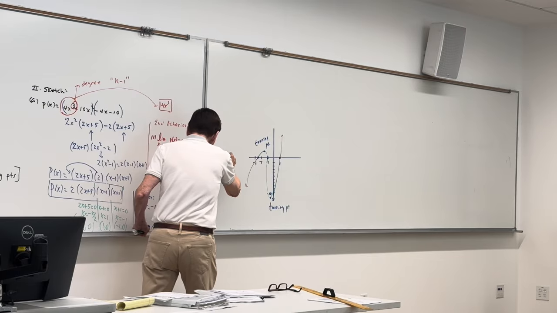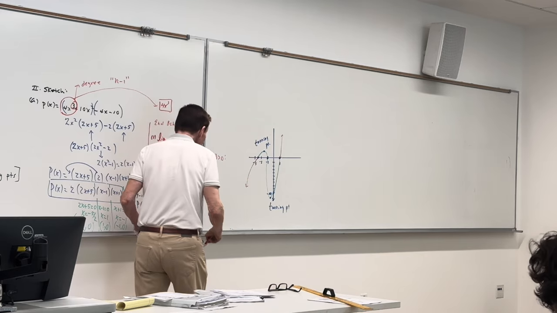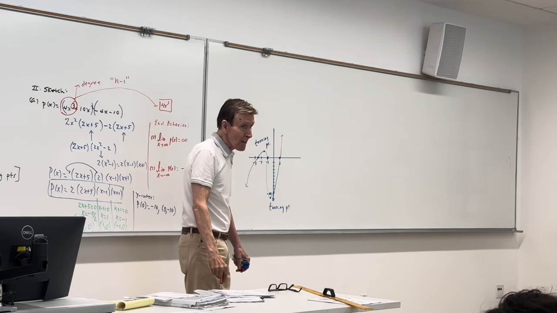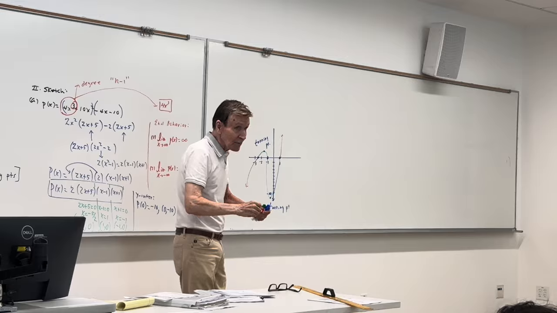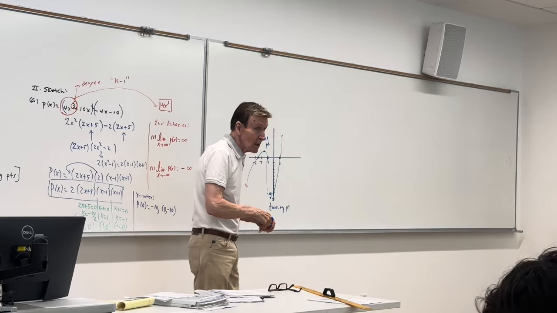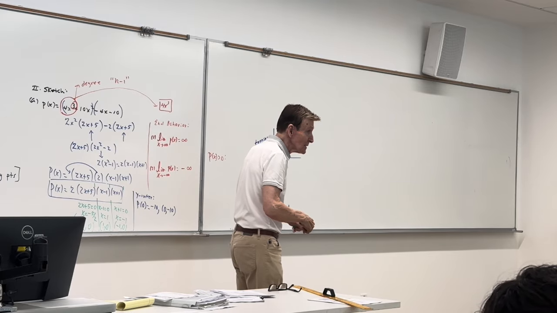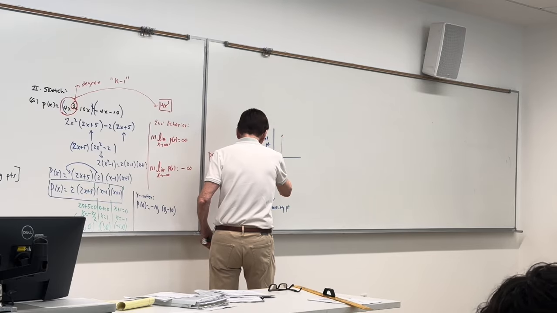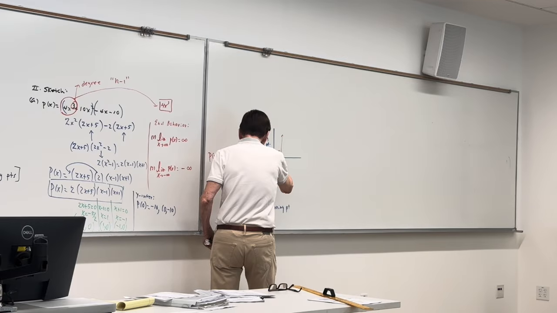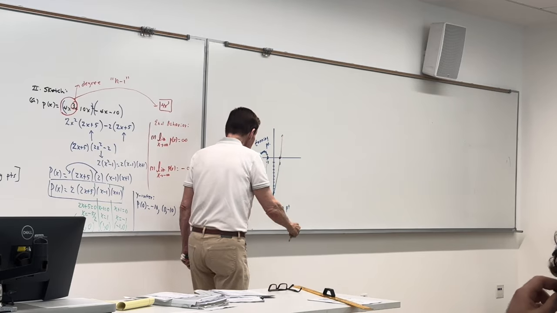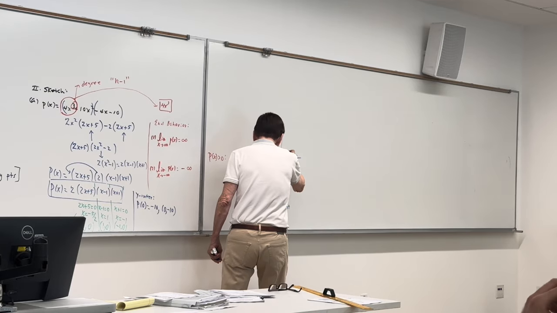And guys, what would you look at on the graph to answer that fairly quickly? Where is it above the x-axis? If I go to my graph, you'll say, Professor, this green part here is above the x-axis, and this piece right here is above the x-axis.